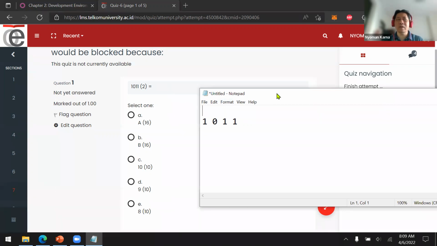Remember, in the binary system or any numeral system, each symbol has its own weight. And its weight is something like this. This is 2 power of 0, this one is 2 power of 1, this one is 2 power of 2, and the last one is 2 power of 3.